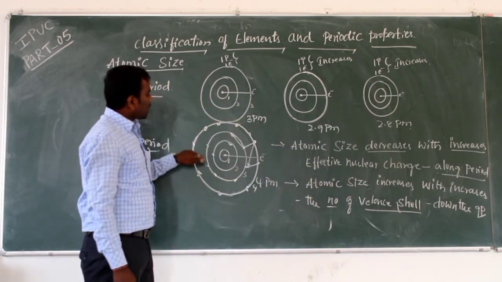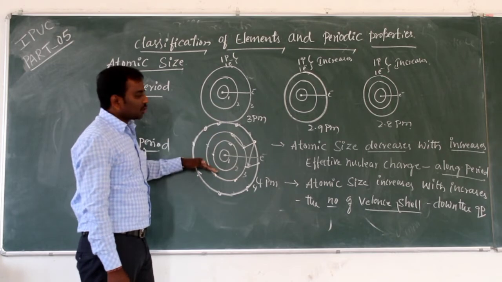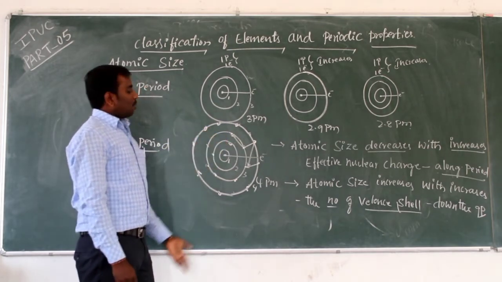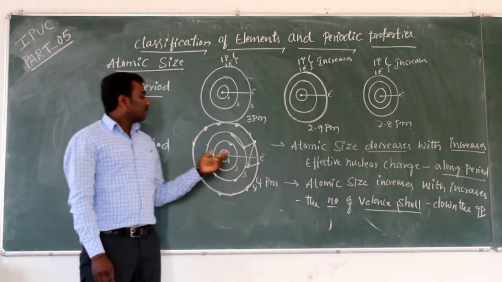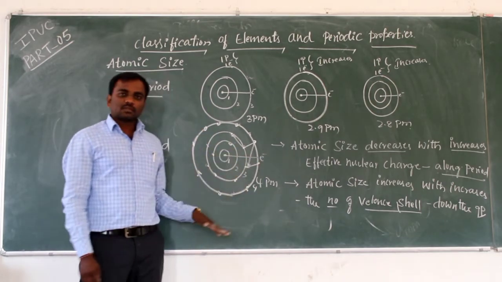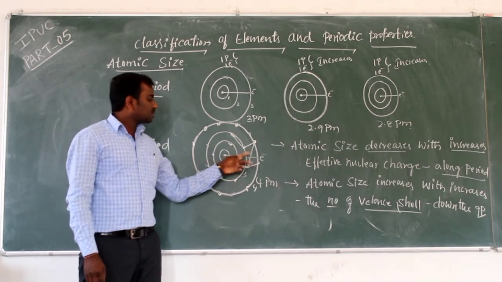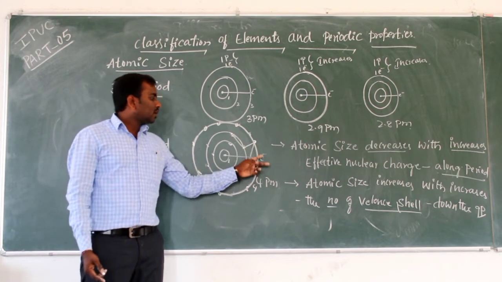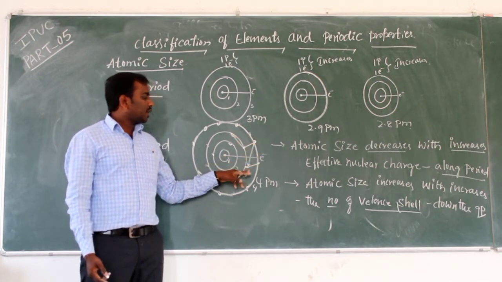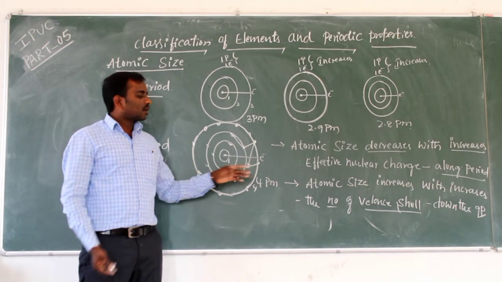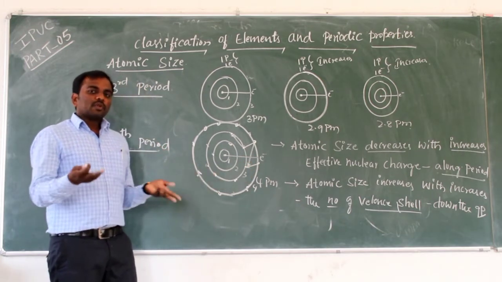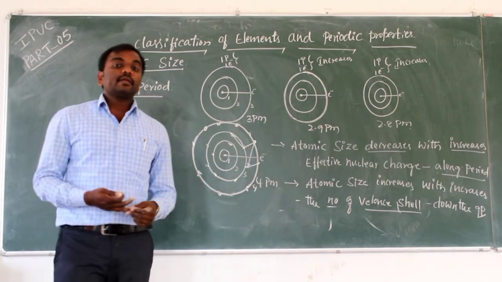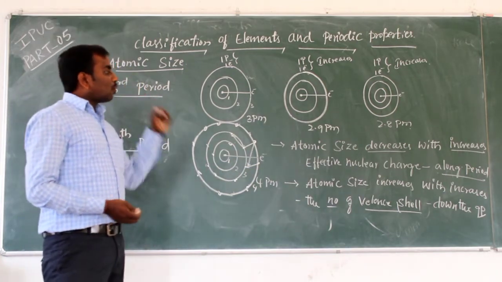Here atomic size increases. Why? With the increase in the number of shells, the force of attraction is very less between the nucleus and the outermost electron. Electrons in different shells repel each other, and because of repulsion, the atomic size increases down the group.